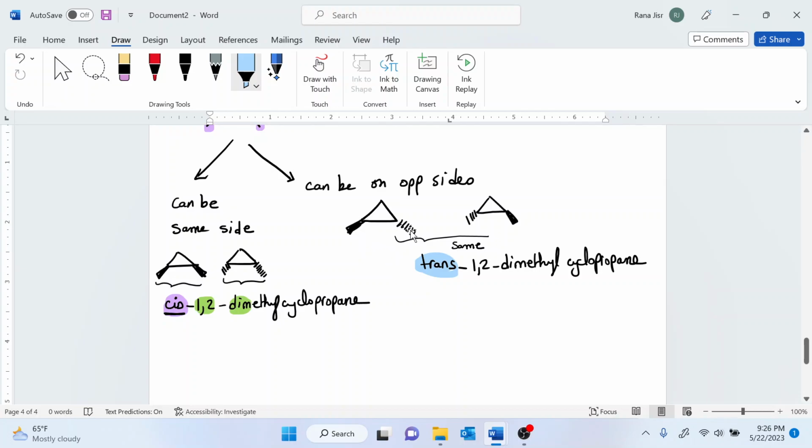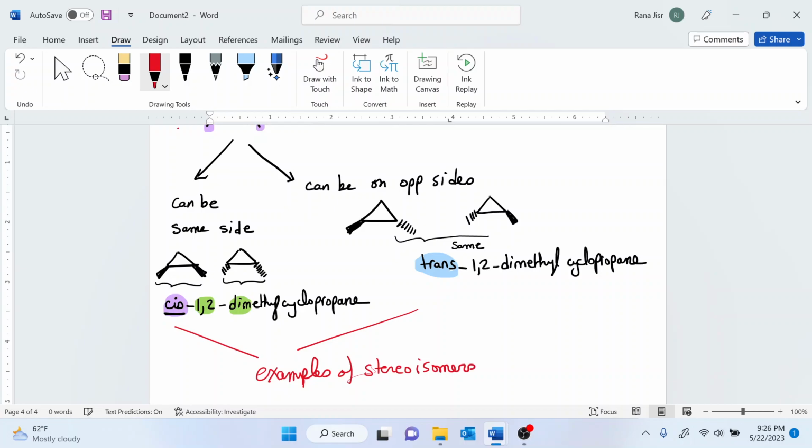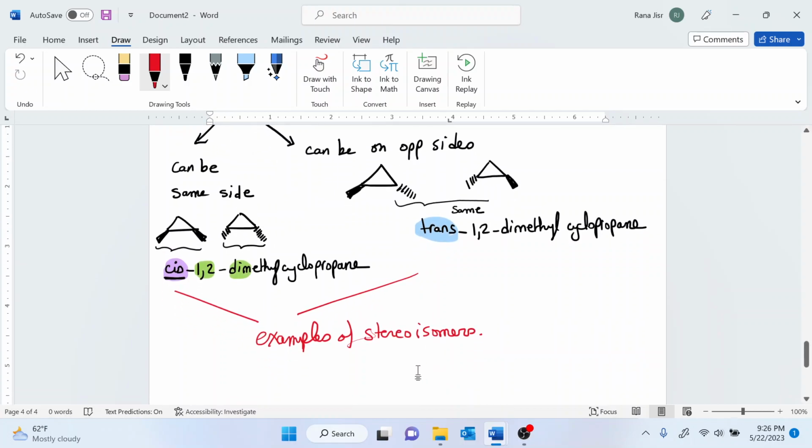So the groups here can either be on opposite sides or they can be on the same side. So cis and trans, these are examples of stereoisomers. In our next chapter, we're going to talk about the different types of stereoisomers.